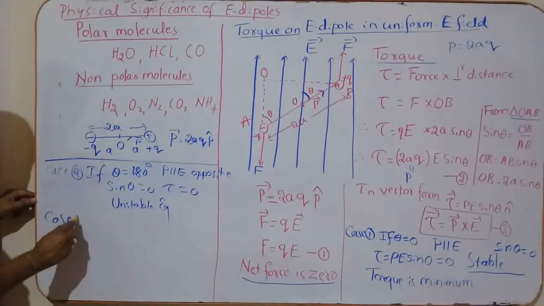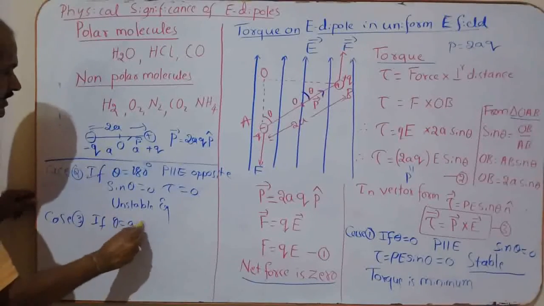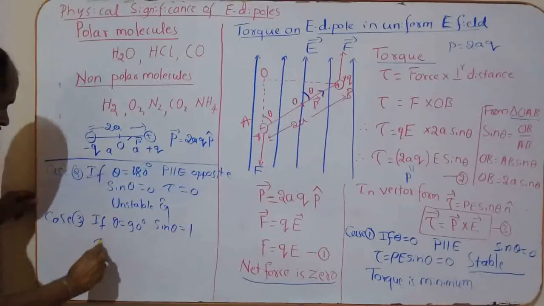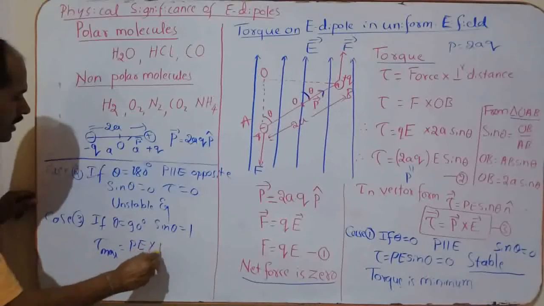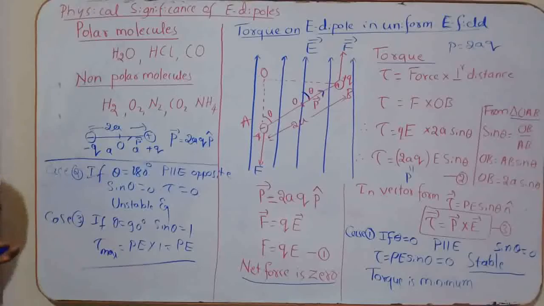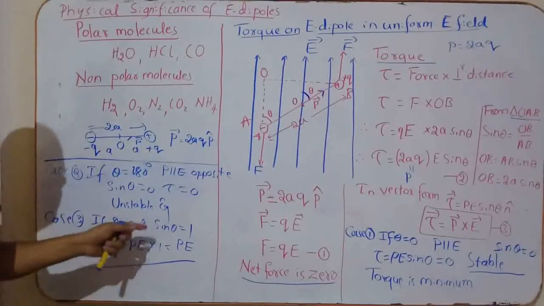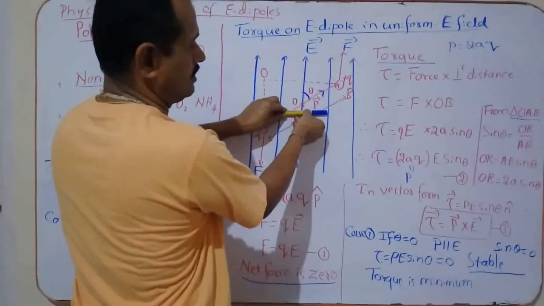Then case 3: if theta is equal to 90 degrees, sin theta is equal to 1. At that time maximum torque acts, P into E into 1, that is P into E. Maximum torque acts on an electric dipole placed in the electric field when the dipole is placed perpendicular to the field, like this.